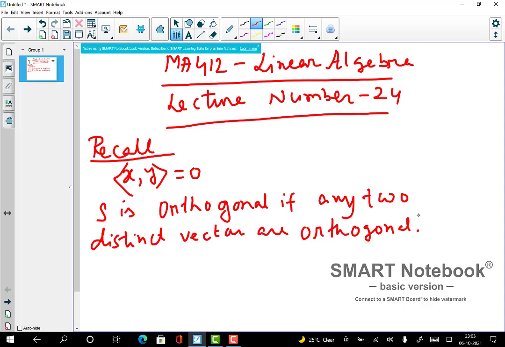In addition, if each of the vectors has norm 1, then we call it orthonormal.